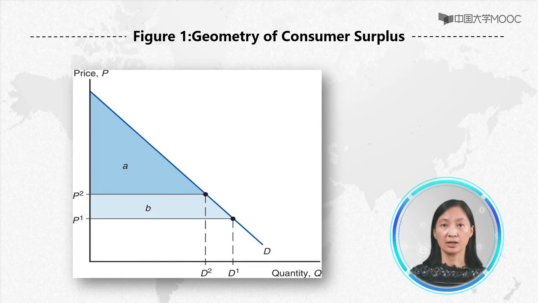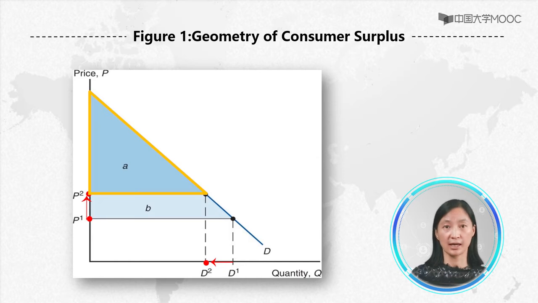In Figure 1, we can see if the price is P1, the quantity demanded is D1, and the consumer surplus is measured by the areas labeled A plus B. If the price rises to P2 and the quantity demanded falls to D2, the consumer surplus falls by B to equal just A.